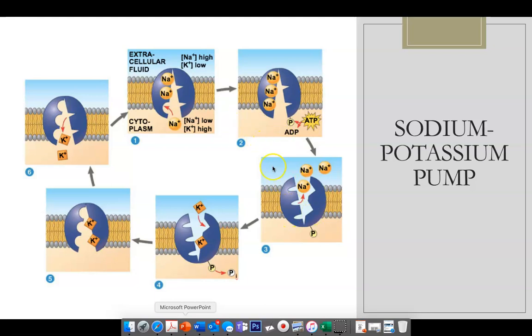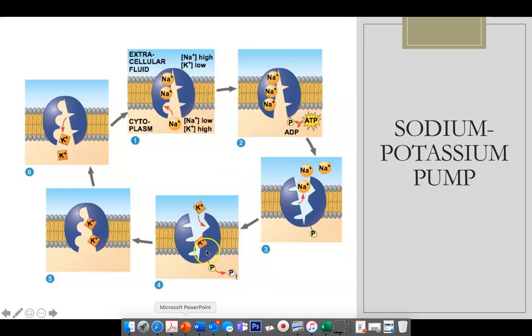So the potassium ions are then attached to the carrier protein, which causes the phosphate to be released as inorganic phosphate into the cell, which is extremely important because it's going to be used later on in the process of creating more ATP by bonding ADP with inorganic phosphate.